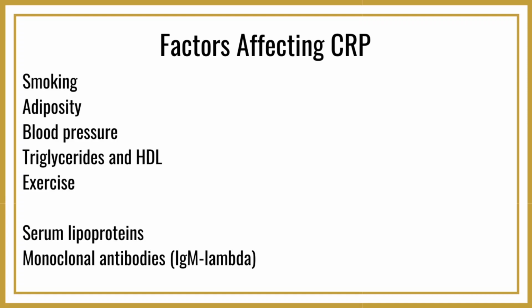So if you come out with an elevated CRP level and you actually have high serum lipoproteins or IgM lambda and monoclonal antibodies, it might not be your CRP that is actually elevated, but you won't know. So there are some problems with this test. It's not bulletproof.